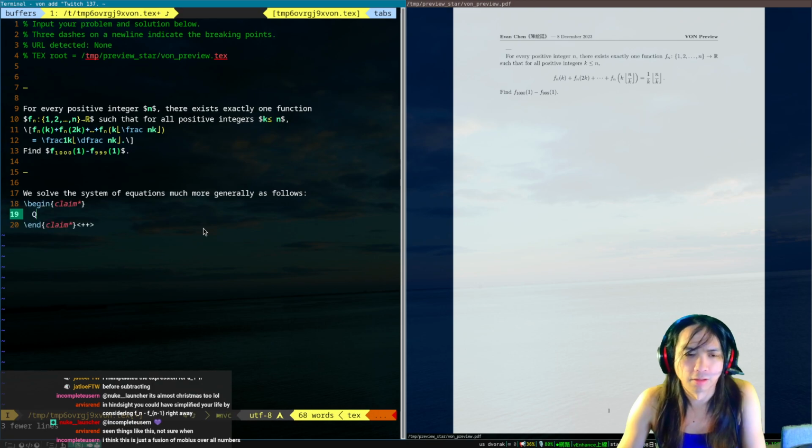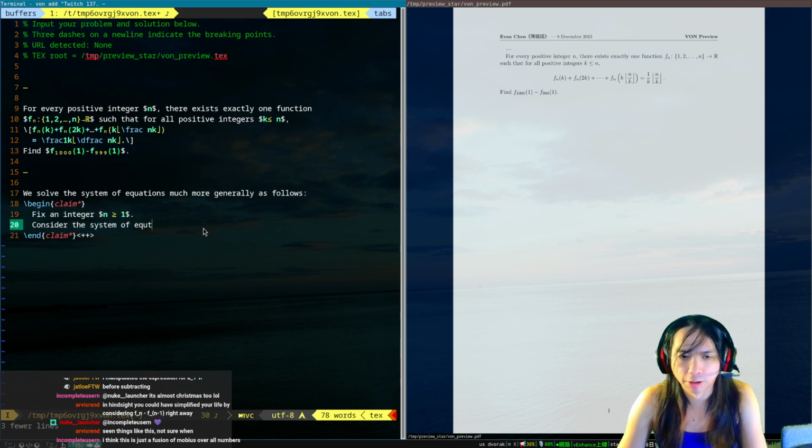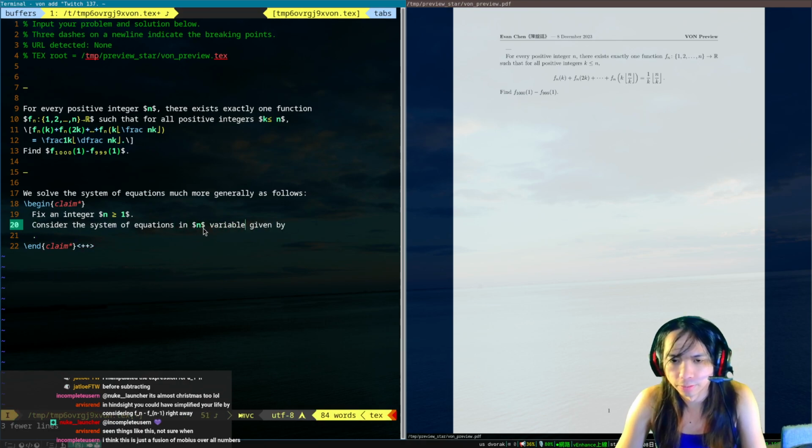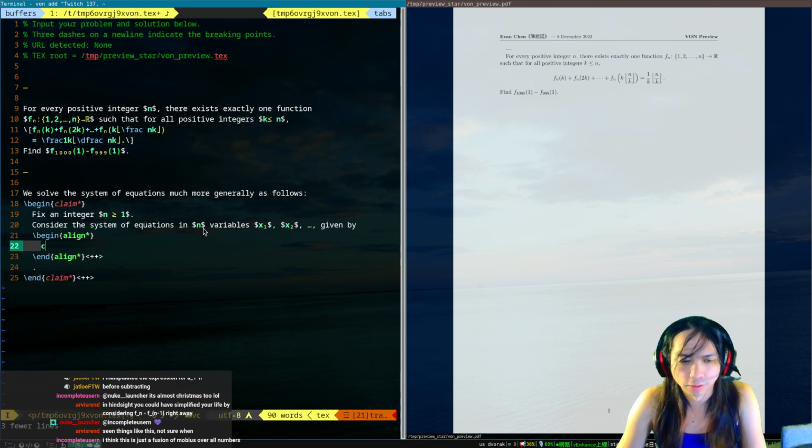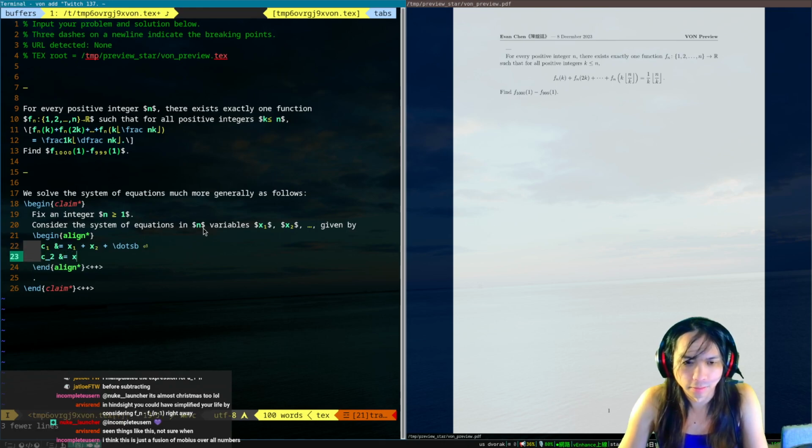So the basic claim is that, fix an integer n at least 1. Consider the system of equations in n variables x1, x2, and so on, given by: a constant c1 is x1 plus x2 plus dots, and then the next is x1, x2 plus x4.